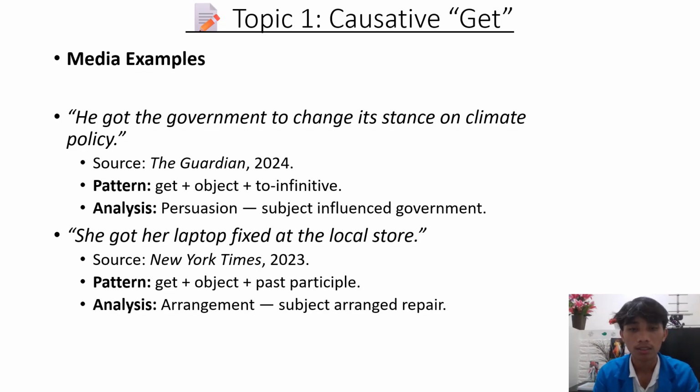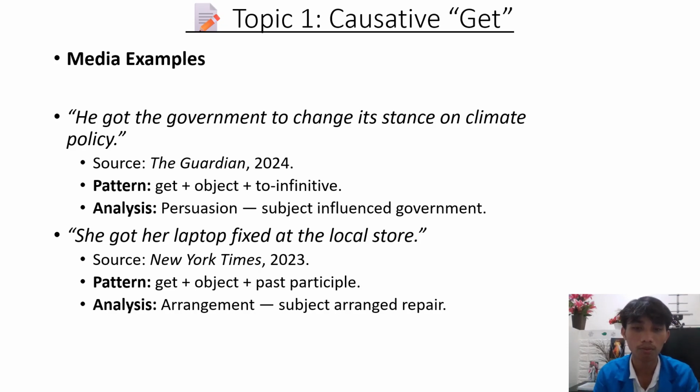Media examples. Causative get is also used in world media. For example, The Guardian in 2024 wrote, he got the government to change its stance on climate policy. This follows the pattern get plus object plus to infinitive and shows persuasion.